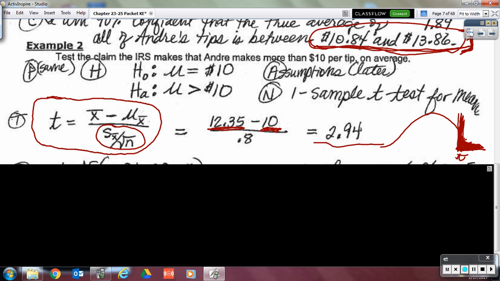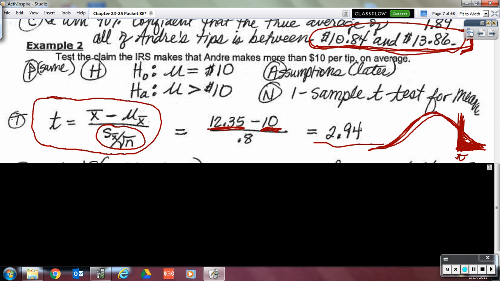Okay? So think about what that is saying in a picture. It's saying if this is the t-curve, not the normal curve, then here at 2.94 sample standard deviations above the mean is this t-value.